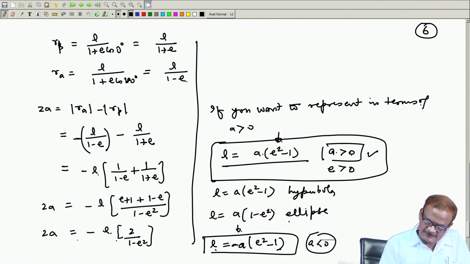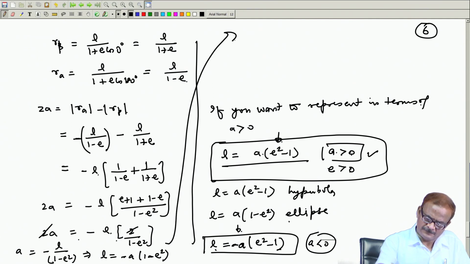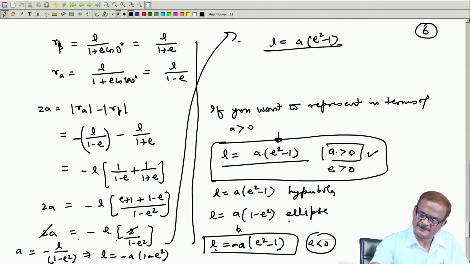So, by this part we have rearranged, and this 2 cancels out, and a equal to minus L by 1 minus e square. This implies L equal to minus a times 1 minus e square, and once we rearrange, L equal to a times e square minus 1. So, here in this case a is greater than 0 and also e is greater than 1.